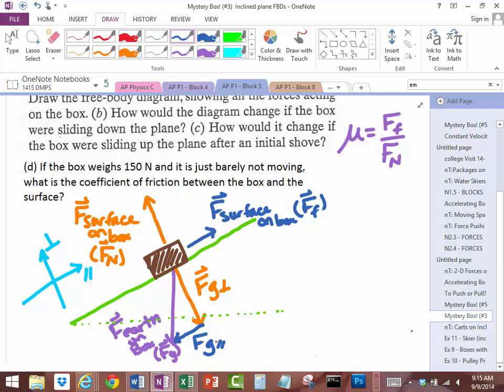So the reason there's 90 generalizes. 30 degrees.